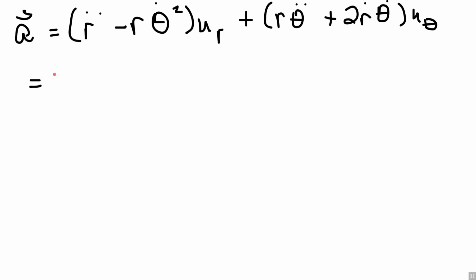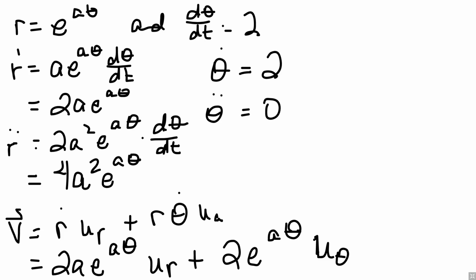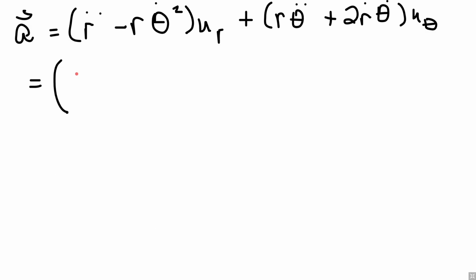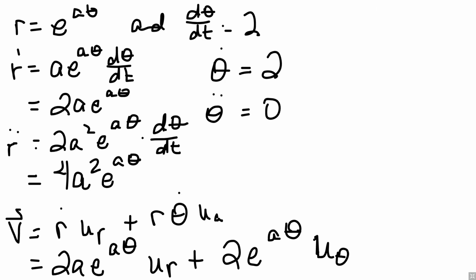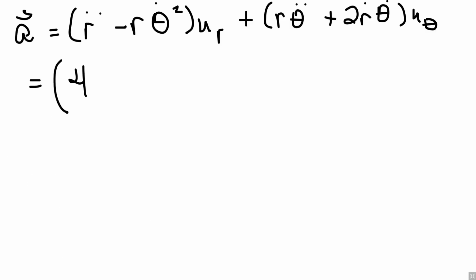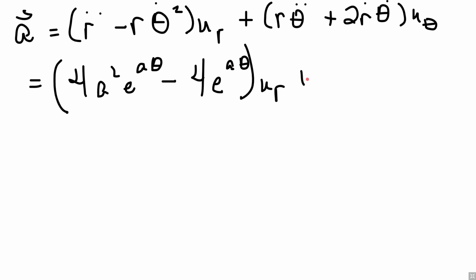Okay, so r double dot we found to be 4a squared e to the a theta, minus r times theta dot squared, which is going to give us 4 times e to the a theta, in u_r, plus r times theta double dot.